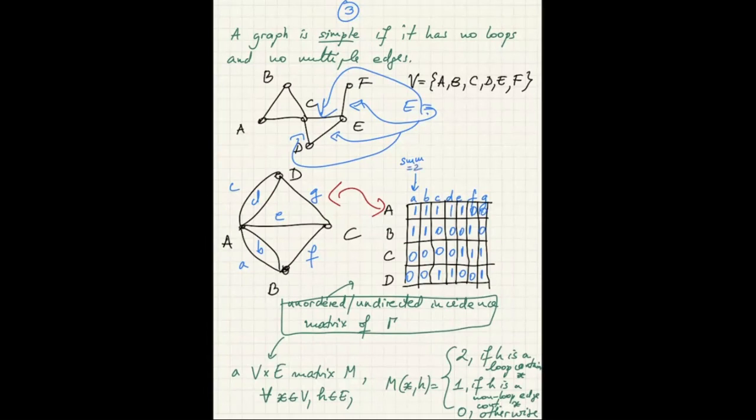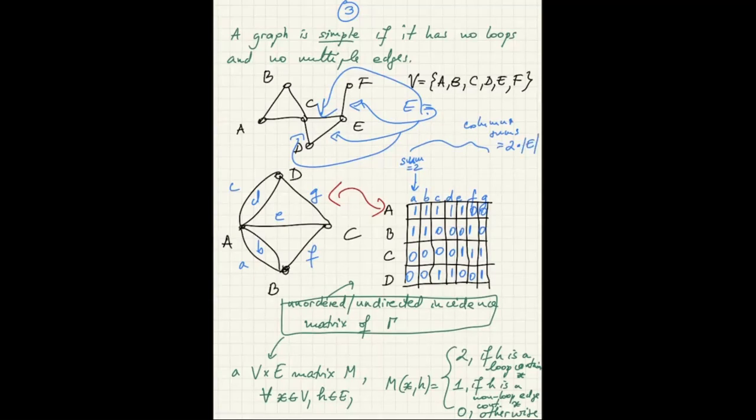This is because each column is an edge. If the edge is a loop, there will be 1 entry on that column that equals 2, and the rest of them are going to be 0. And if the edge is not a loop, there will be 2 entries on that column that are both 1, and the rest of them are going to be 0. So either way, the sum of the entries on each of these columns is 2. So if you add up all the column sums, they are going to be 2 plus 2 plus 2, how many times? Well, 2 times the number of edges.